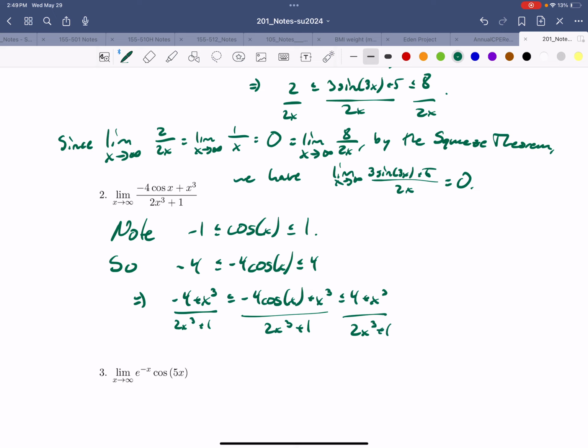And we're looking pretty good here. Do you see what the limits are going to be? Since the limit as x approaches infinity of -4 plus x cubed over 2x cubed plus 1.